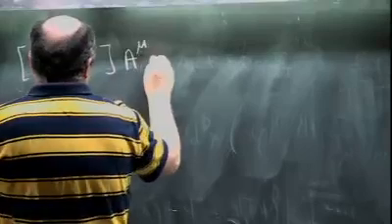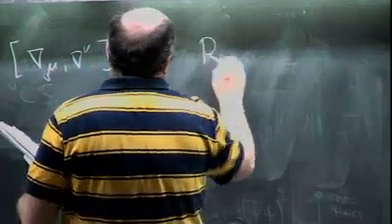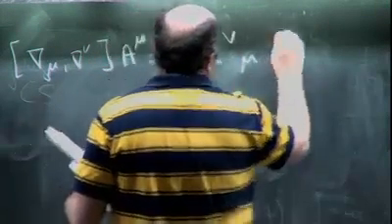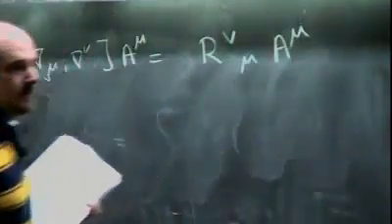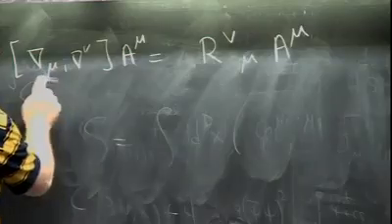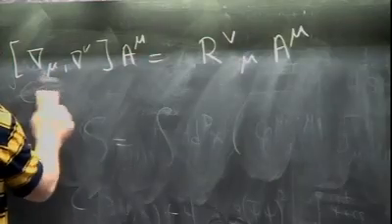This is nothing but the Ricci tensor contracted with A mu, using just the usual fact that the commutator of covariant derivatives gives curvatures.